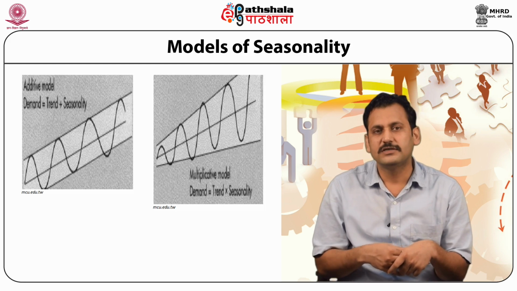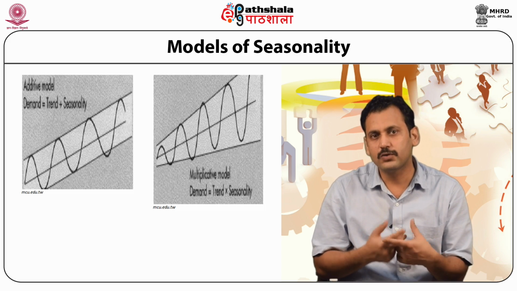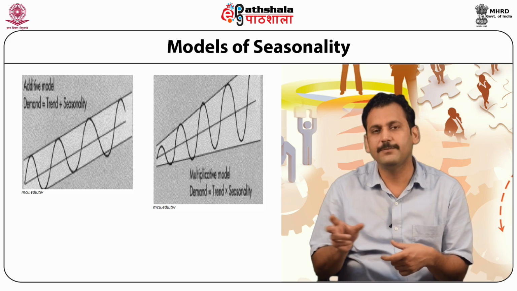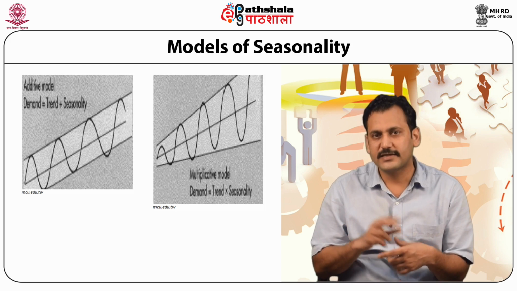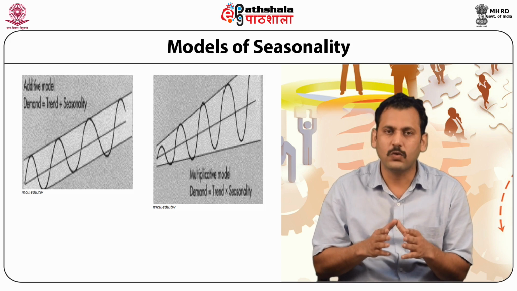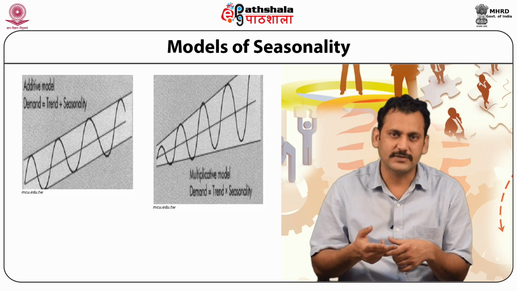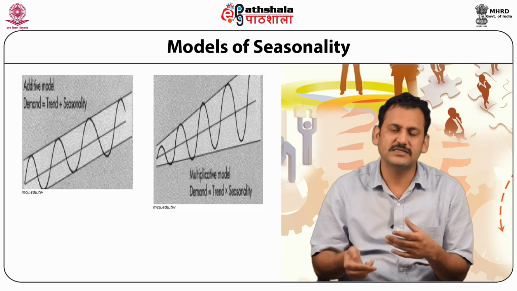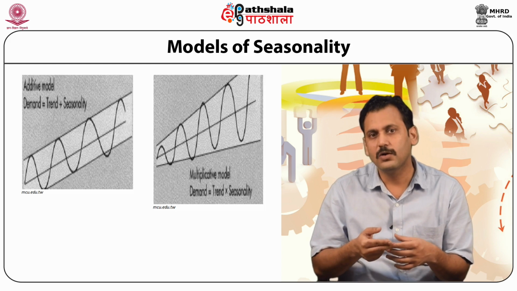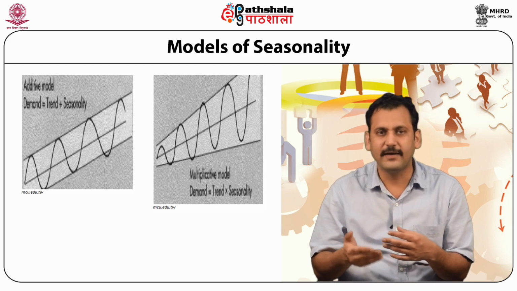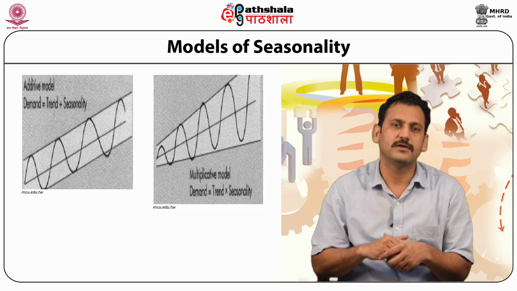For instance, a seasonal index of 1.20 regarding sales of toys for a particular time period suggests that sales of toys for that quarter are 20% more than the average sales. Similarly, a seasonal index of 0.90 would imply that sales for that period are 10% below the average.